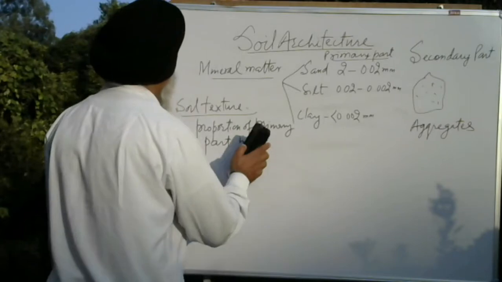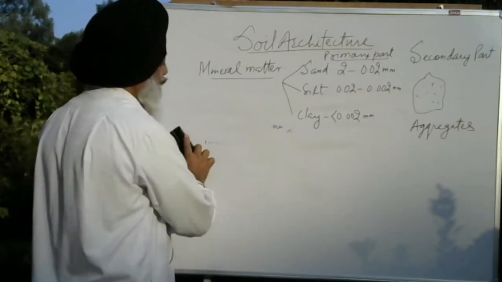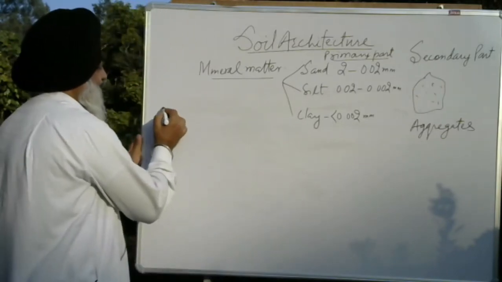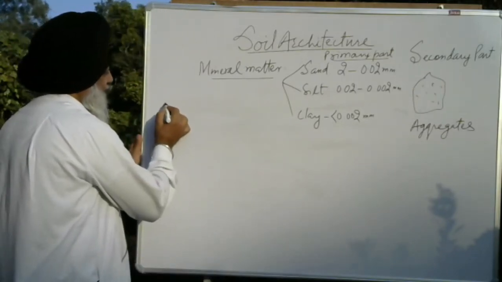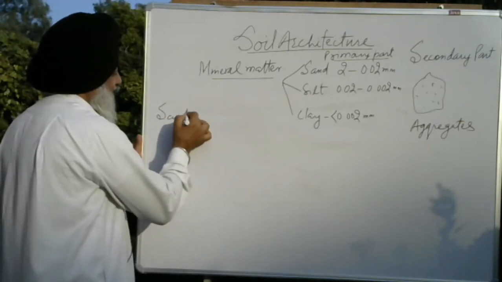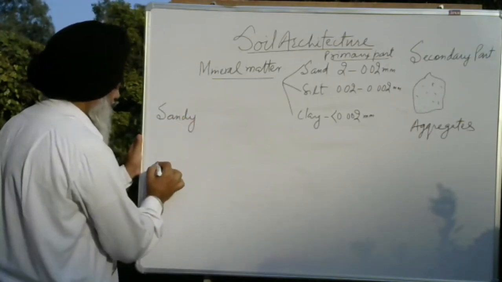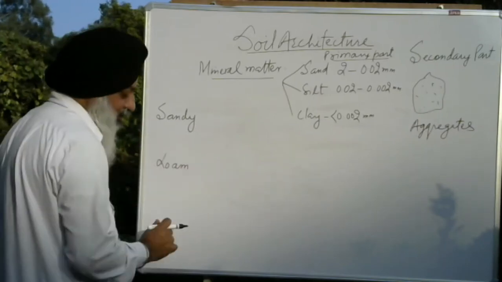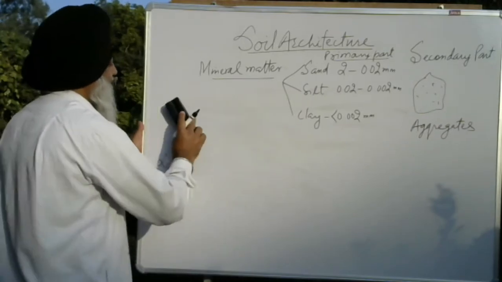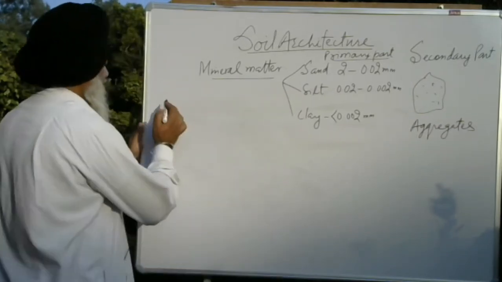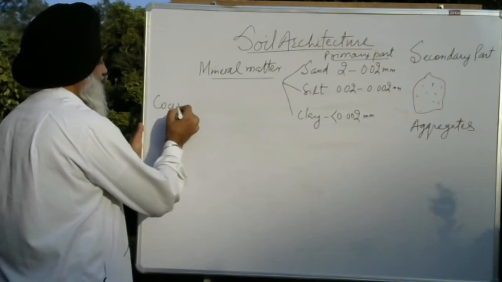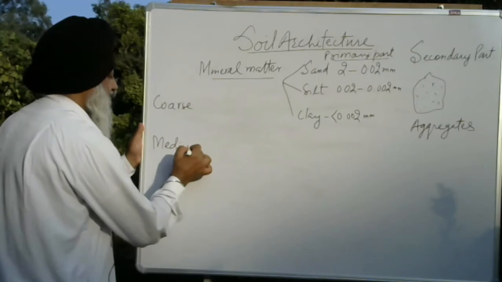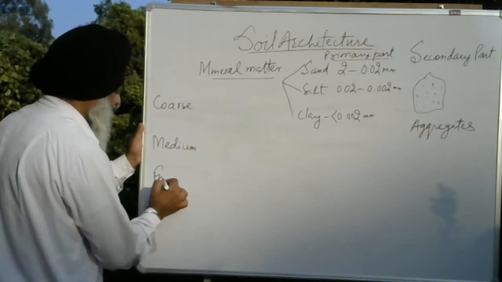Just a brief introduction to different nomenclature of the soil based on its texture. Broadly, soils based on texture are of three types: coarse textured soils, then medium textured soils, and then fine textured soils.